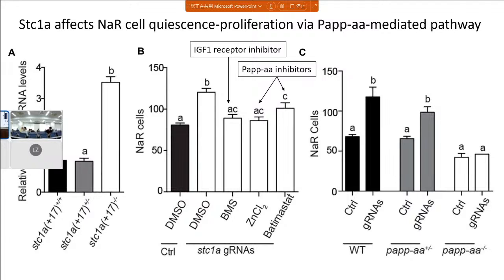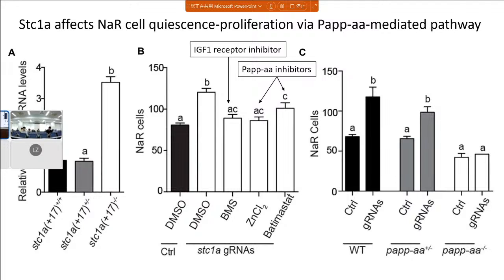As you can see in figure B, the DMSO is the control group, and the DMSO with gRNAs injected is the group in which the STC1A gene has been knocked down. And the NAR cell number is significantly more than the DMSO control group.